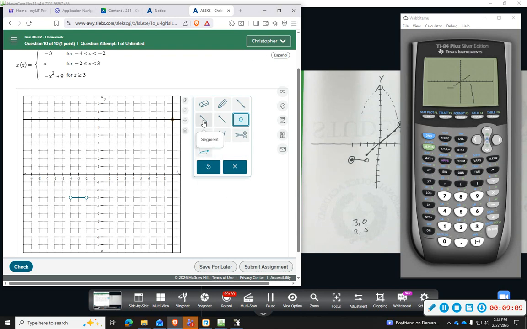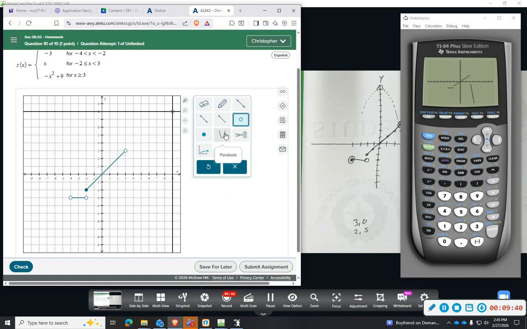Then I'm going to do another ray, and we're going to go down one, right one, down one, right one. So starting at -2, and we're going to go up to 3. The left endpoint has a solid dot. The right endpoint will have a hollow dot because it's not equal to.